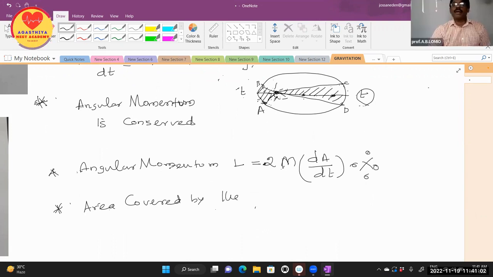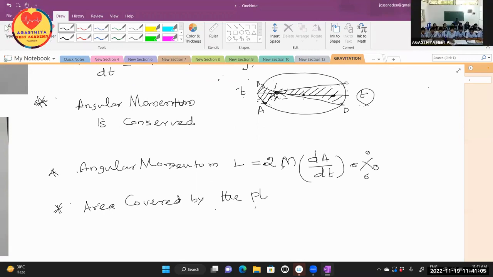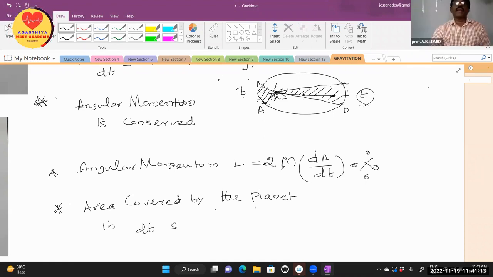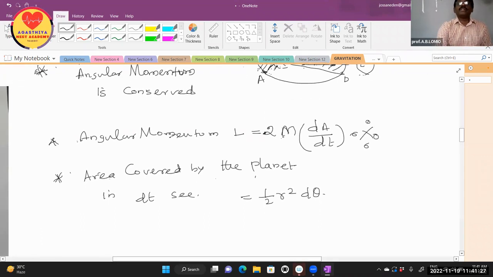Area covered by the planet in dt seconds is equal to half r squared d theta. This is the area dA.